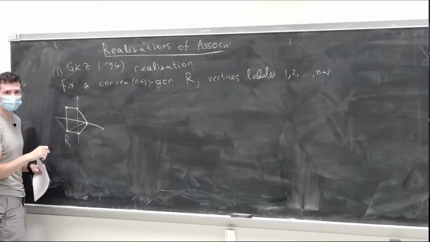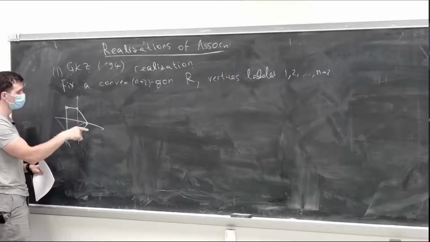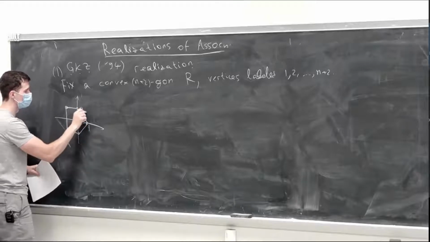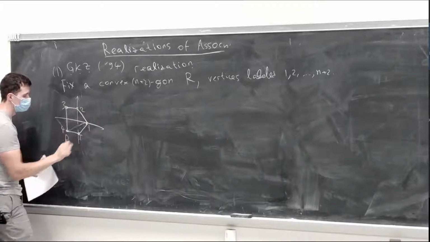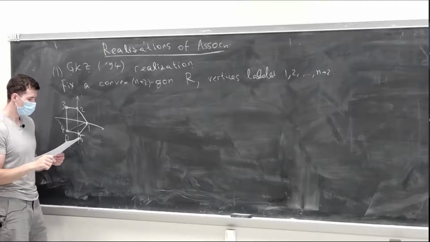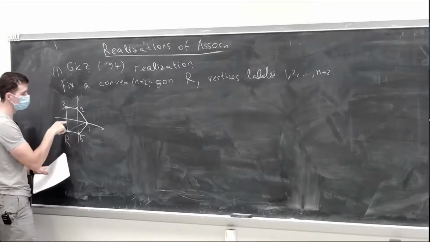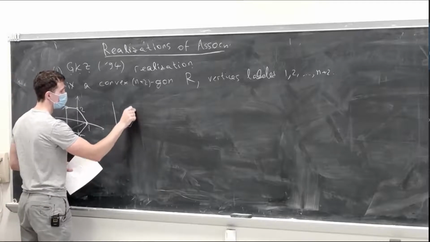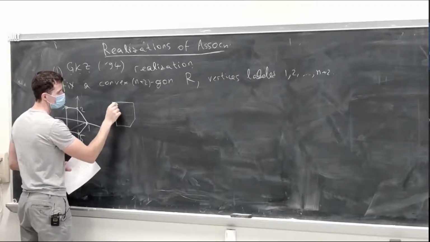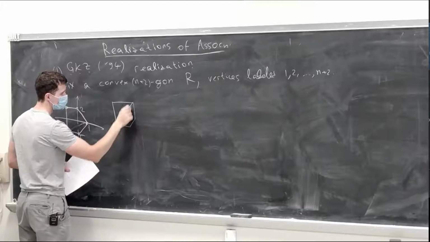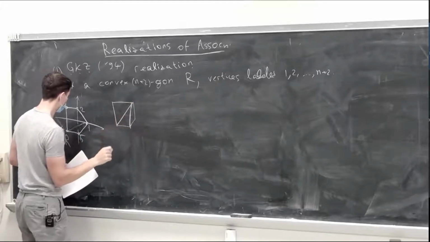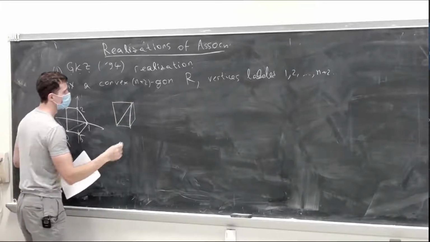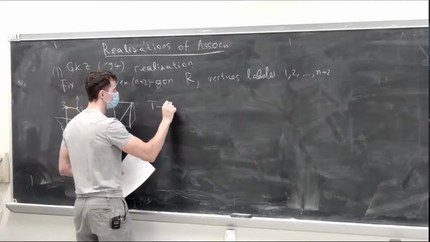I have to actually choose the coordinates of these vertices. And then let's say I have a triangulation of my polygon, something like this. So let's say T is a triangulation.